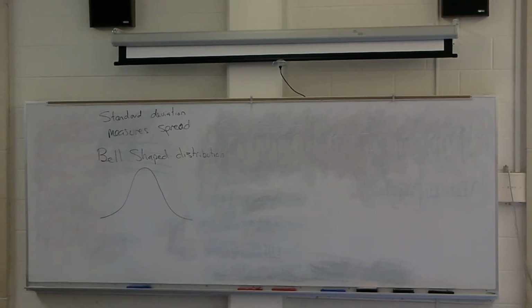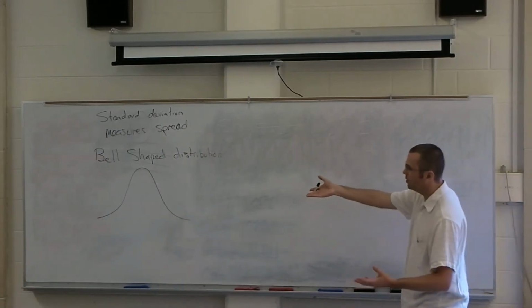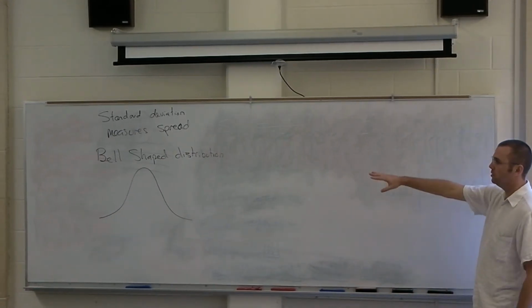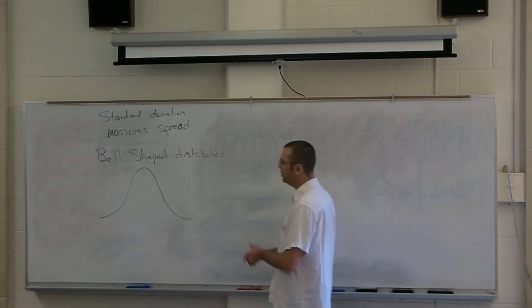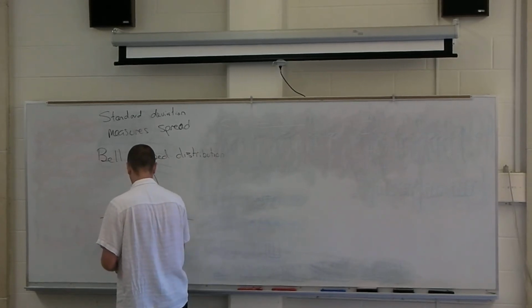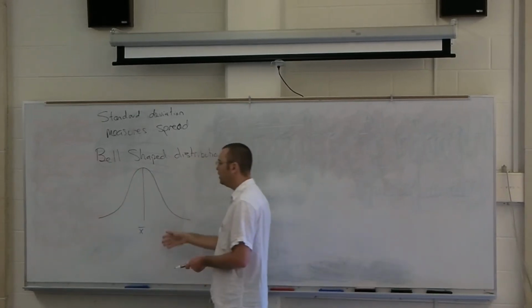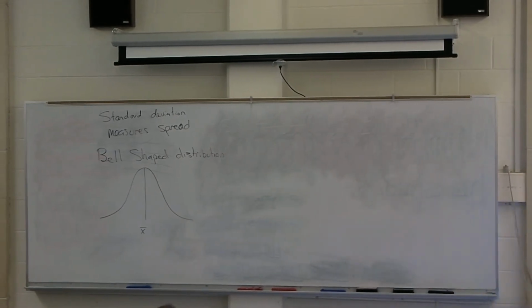Okay? When we're dealing with bell-shaped distributions, there's a lot of properties, a lot of shape information we can get about this. First thing you notice about this graph is what? What kind of shape does this have besides the bell shape? It's symmetric, right? In identifying that, we know, or we are told now, that the mean is going to occur right there at that peak in our bell shape, the mode of this graph.